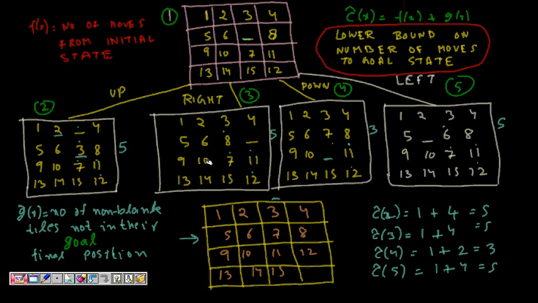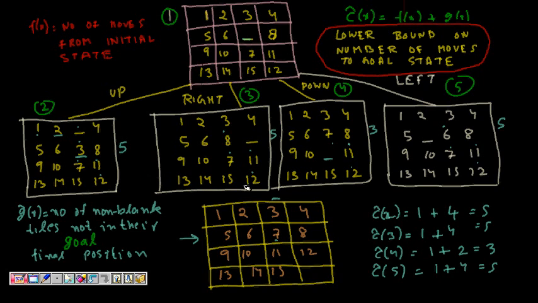So let's see at how many places these numbers are different. 1 is at the same place here, 2 is at the same place here, 4 is also fine, 5 and 6 are fine, but 7 is not correct here. So one place is not at the correct place.